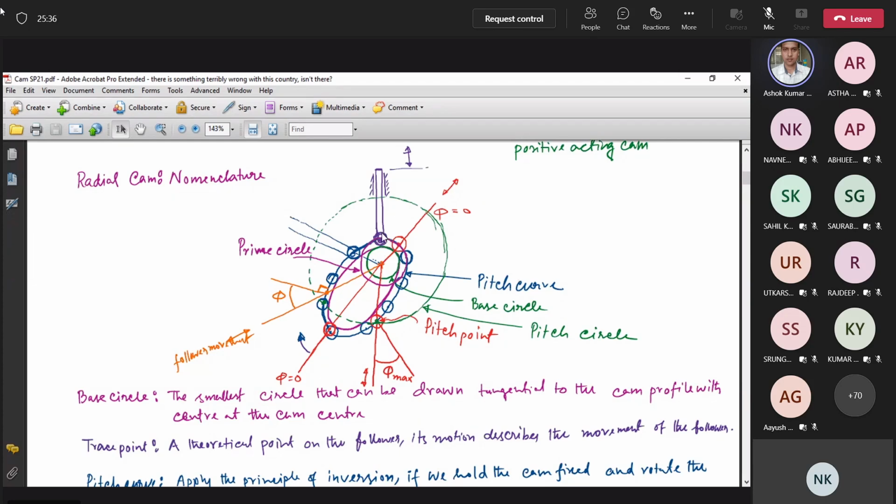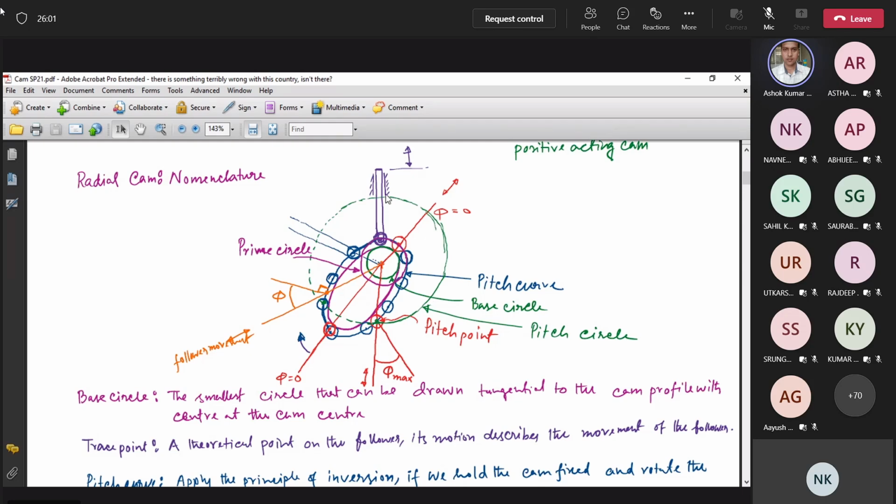But when this is a roller follower, the contact point is not a fixed point, because the roller is always rolling. So then we take the hinge point of the roller. That point is the trace point. Again, it describes the motion of the follower. A point which describes the motion of the follower is called the trace point.